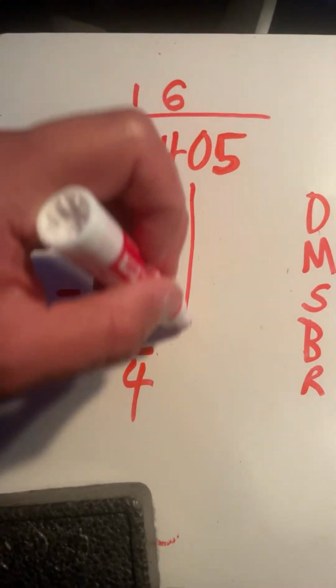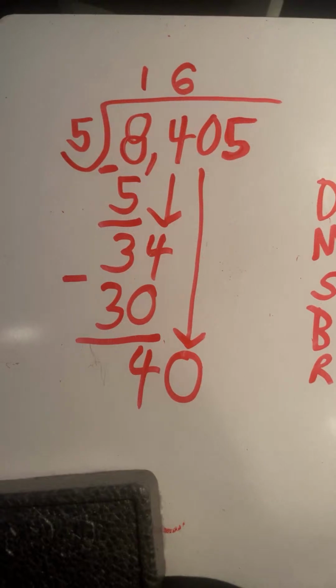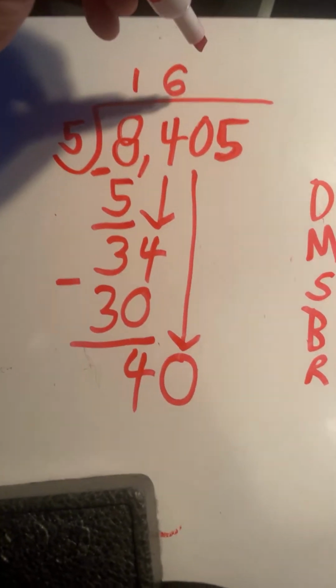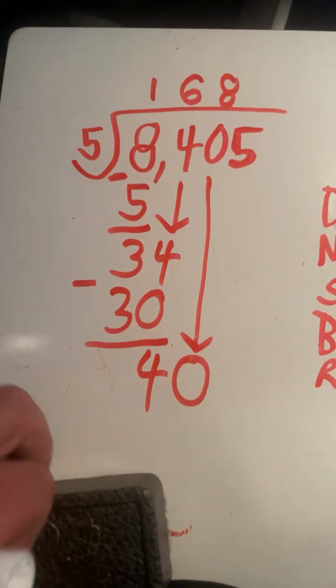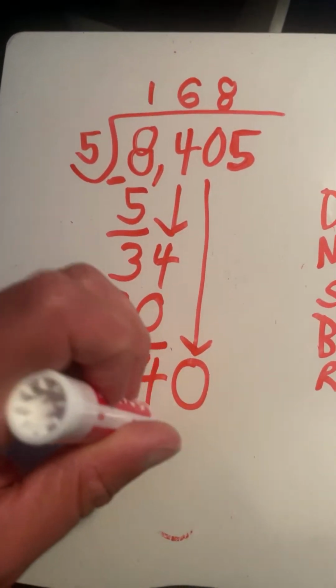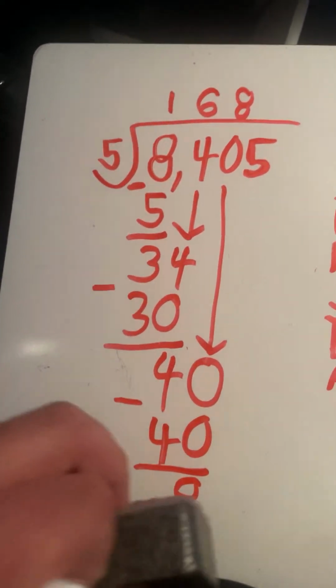We bring down the next number. Now we repeat. So 40 divided by 5 equals 8. 8 times 5 equals 40. 40 minus 40 equals 0. There is no remainder.